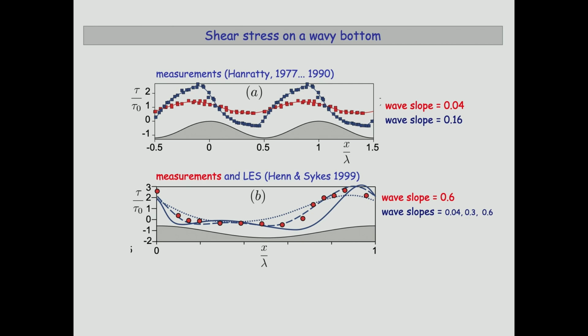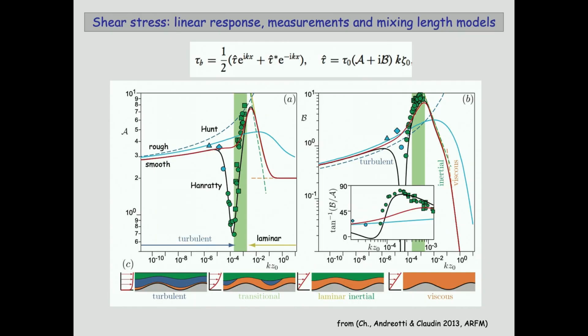In red, it's the measurements for this large wave slope, and the blue lines correspond to simulations with wave slopes varying from 0.04 for the dotted line, which is nearly sinusoidal, up to 0.6. And you see that for a large wave slope, we have something which is very far from sinusoidal.